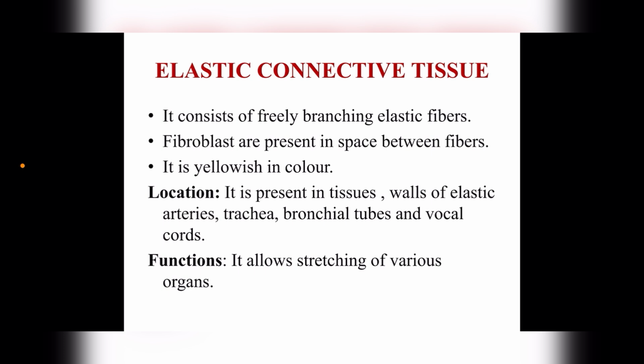It is yellowish in color, and its location is in the walls of elastic arteries, trachea, bronchial tubes, and vocal cords. These are the parts where this elastic connective tissue is present. Function: it allows stretching of various organs. It helps the stretching and recoiling of various types of organs.